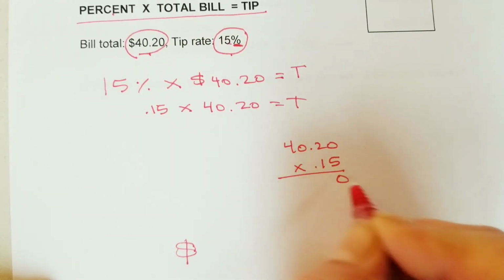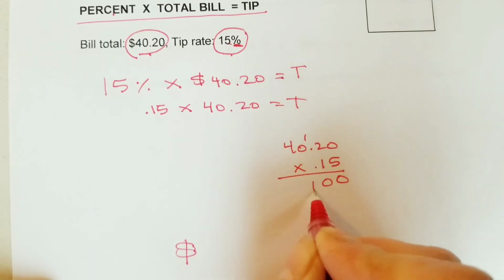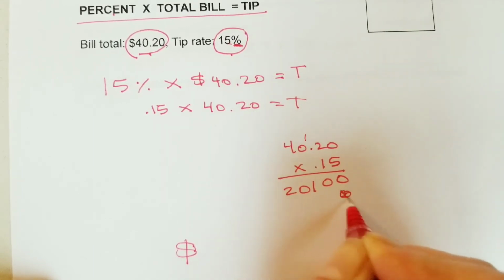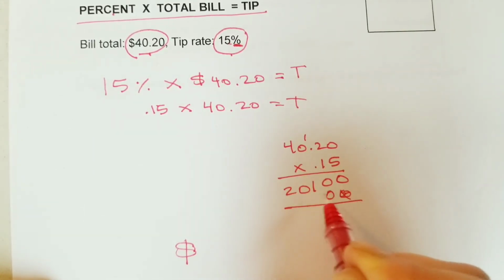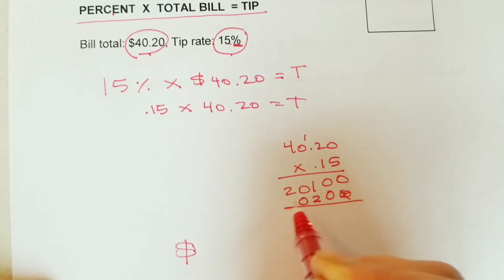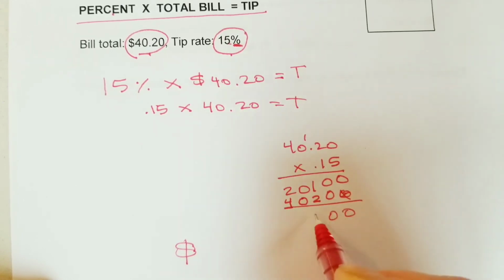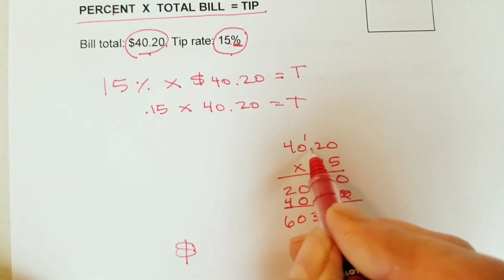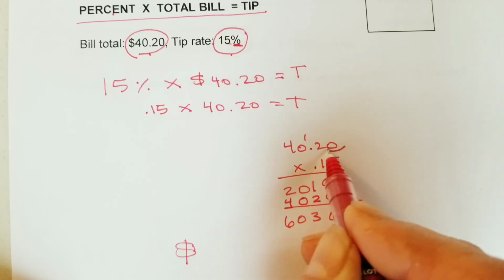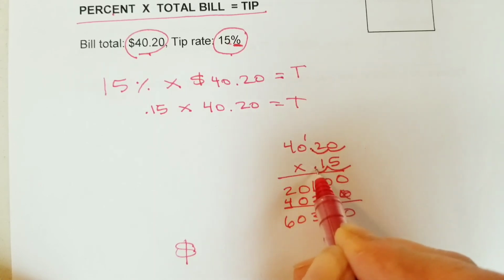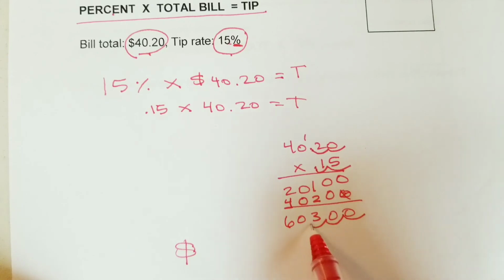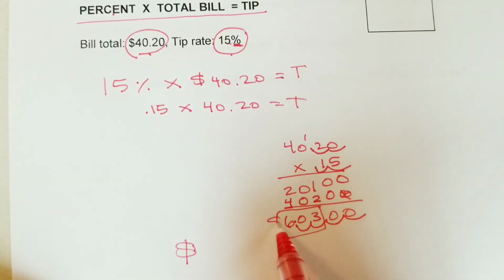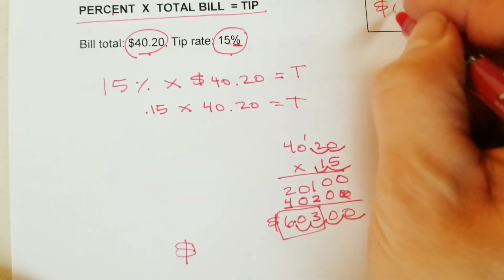So then we get 0, 10, 20, and we get 0, 2, 0, 4. So 6. Well, we got to figure out where our decimal is. So we have these two decimals here. We count back 1, 2, 3, 4. Boom. So $6.03 is our tip.